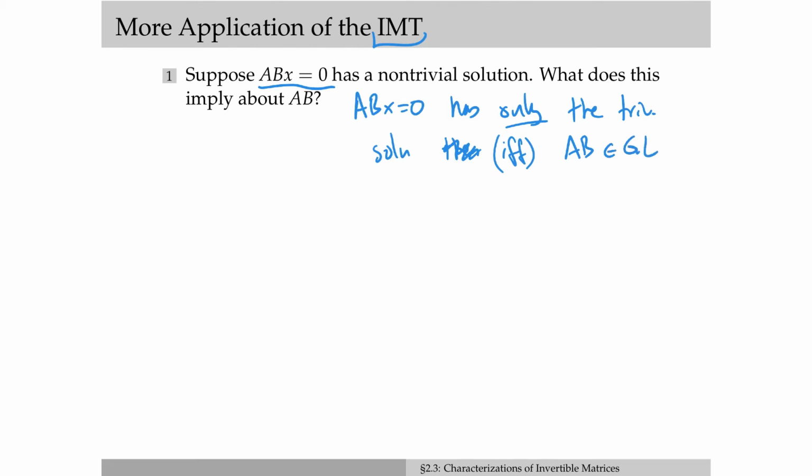Well, what I'm saying here is it has a non-trivial solution. So I've negated the only, and therefore I negate the belonging of this matrix to GL. So what's that say about AB? It says that AB is singular. Not so bad.